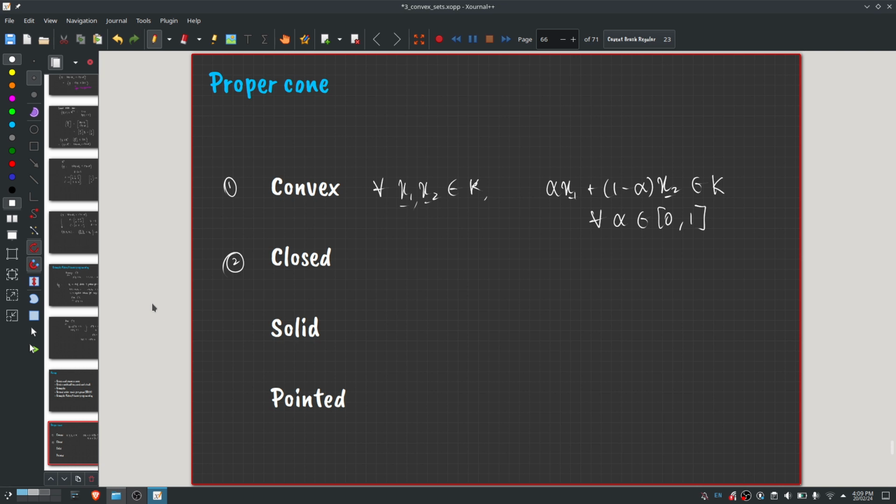A half space not including the boundary. Which half space? A transpose X greater than 0. But remember, it should include the origin, because 0 times X should lie in the cone. Can you make a small modification to your answer to ensure that it is a cone?